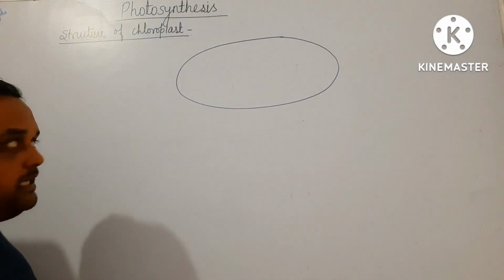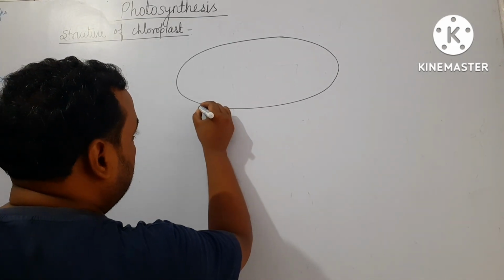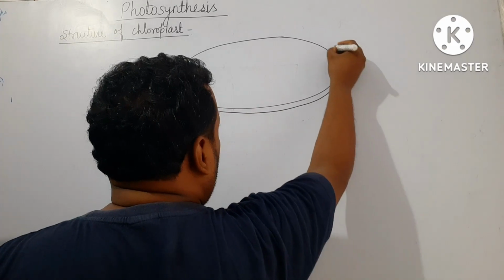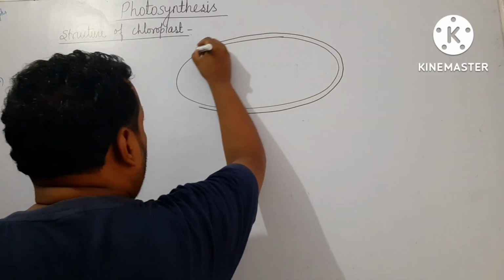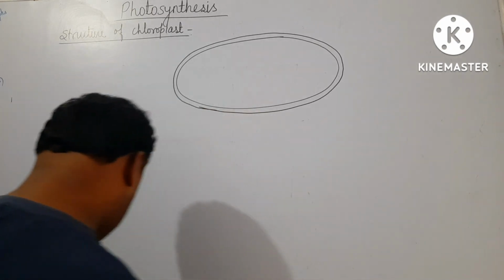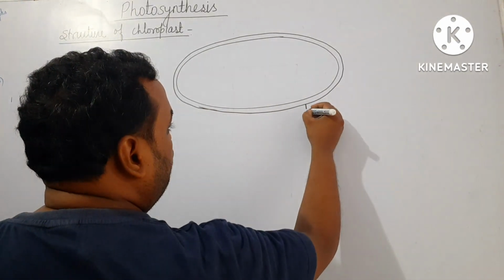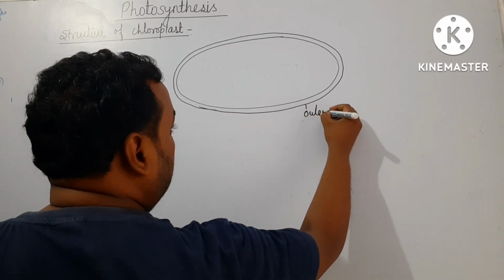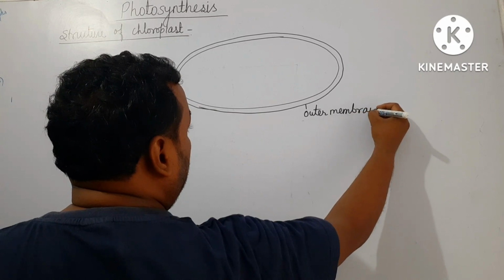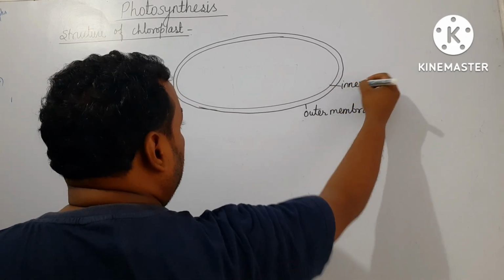This is the outer layer, not cell wall, we can mention here the outer membrane. This one is the inner membrane.